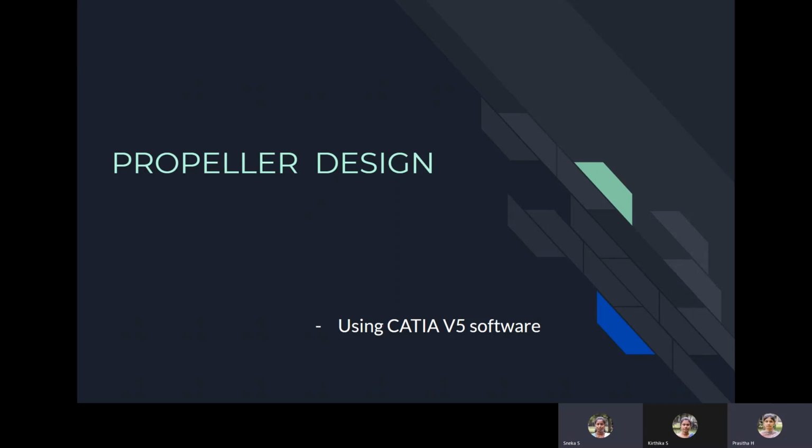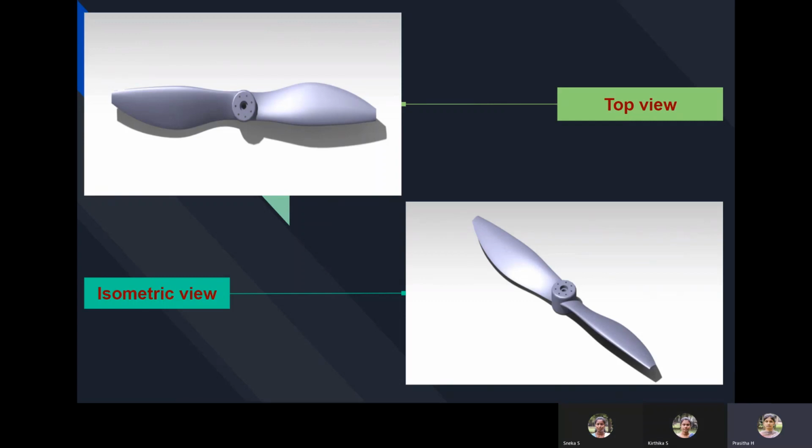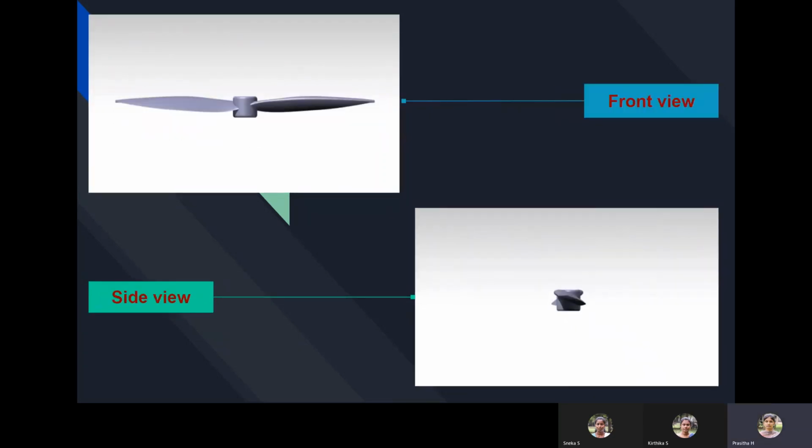Now, let's take a look into the propeller design that we have made. This is the propeller design which we have designed using CATIA V5 software. In this slide, the top view and isometric view of the propeller are presented. For the propeller design, we have used a NACA 4418 airfoil and the diameter of our propeller is around 160.